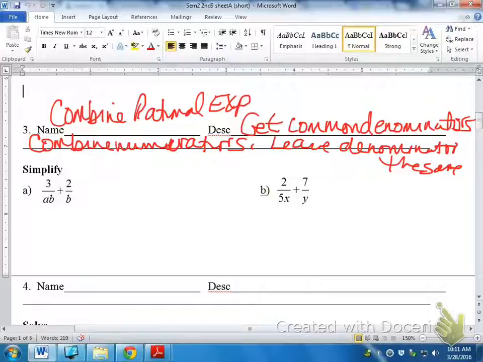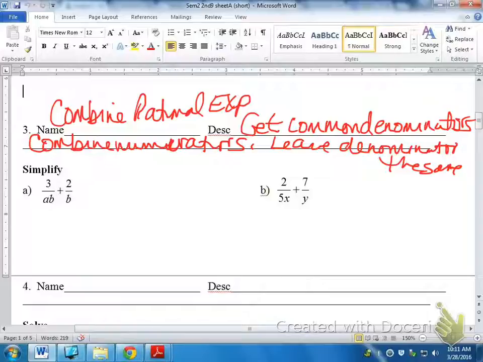Leave denominator the same. Here's the thing. I have 3 over an A and a B, and I'm trying to add it to a 2 over just a B. This is just like adding fractions. So let's think about adding fractions. Let's say we had 1/2 plus 1/3.